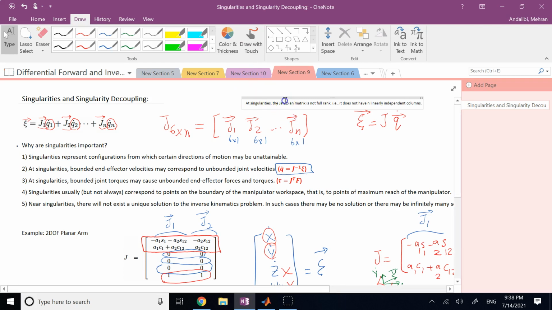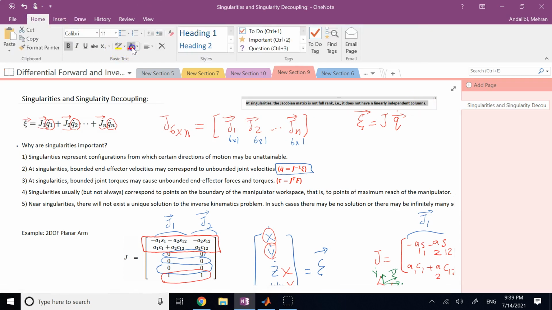Okay, so that's a simple definition that you can provide for singularities, that at singularities you won't have n linearly independent columns, because in general, you have n columns. You're not going to have all of them linearly independent. Some of them will depend on some others, or it's a combination of some others, okay?